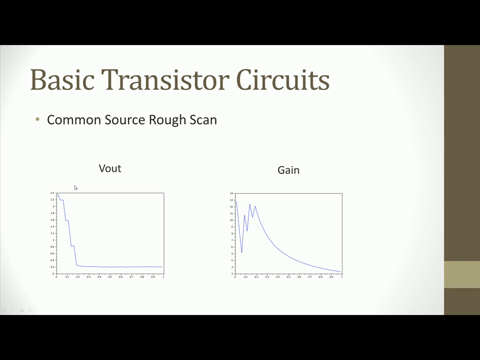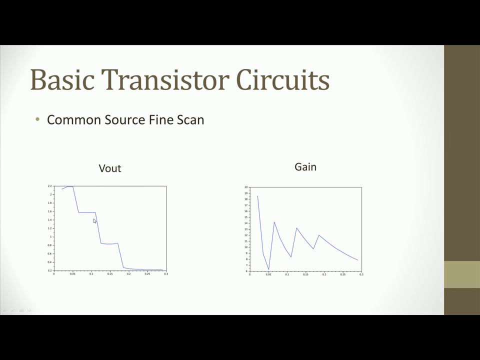So we plot the Vout and the gain. To get the gain, we subtract the drain voltage of 2.5 from the output voltage and then divide it by the input voltage, because it's an inverting amplifier, so we can get a gain.